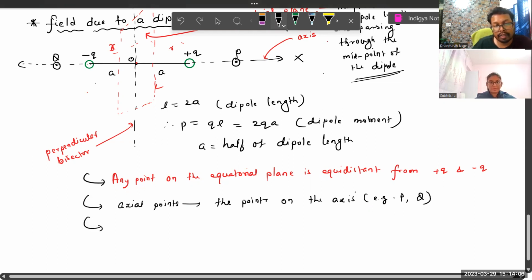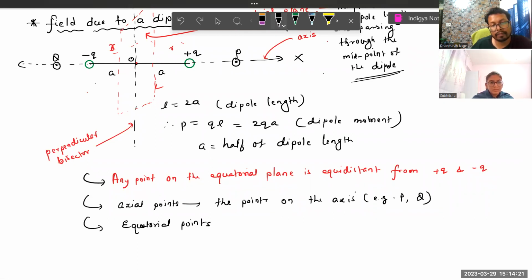And therefore, there is one for equatorial points. Equatorial points are points on the equatorial plane.